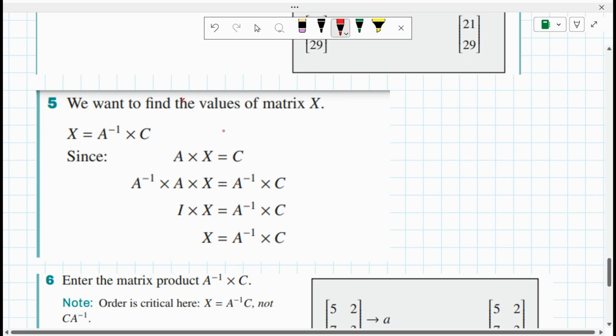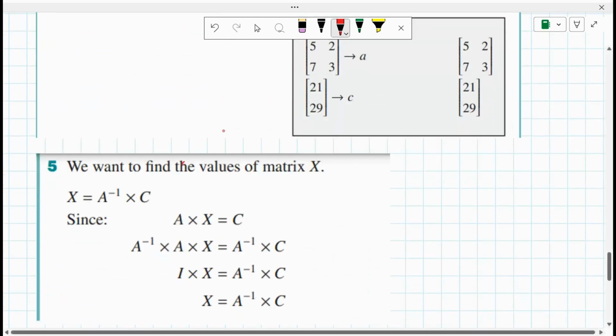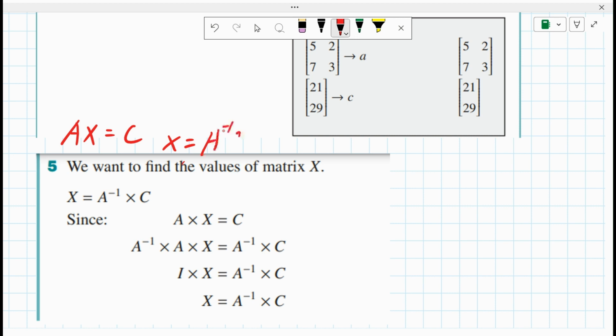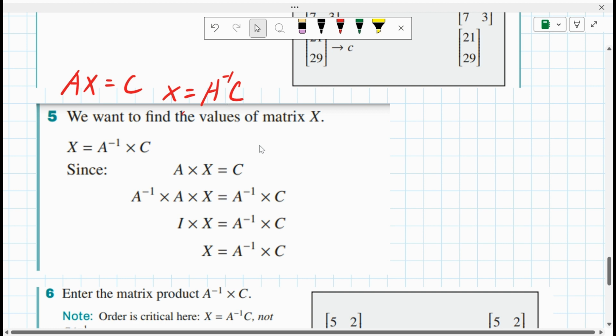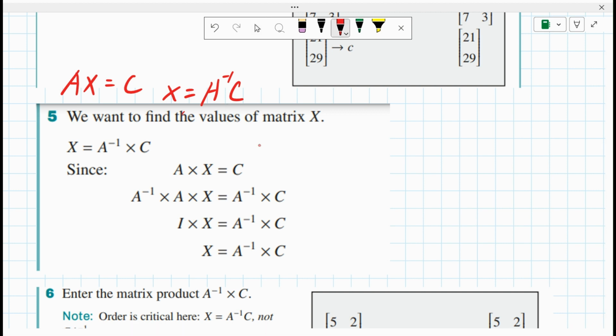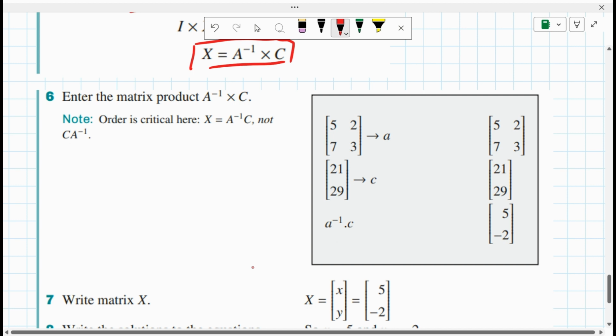We want to find the value of the matrix X. Remember that before, A times X equals C, but X equals A to the power of -1 times C, because we multiply both sides by the inverse of A. So X equals A to the power negative 1 times C. How are we going to do it?